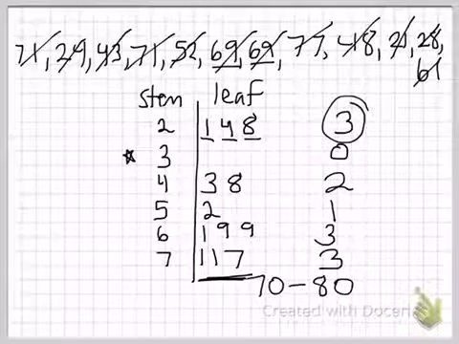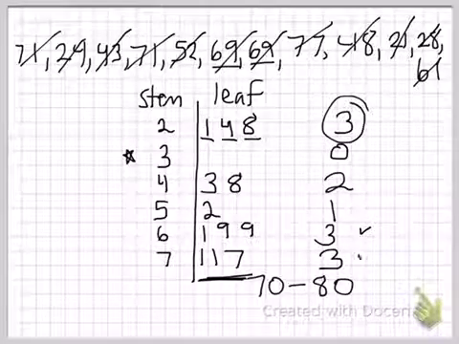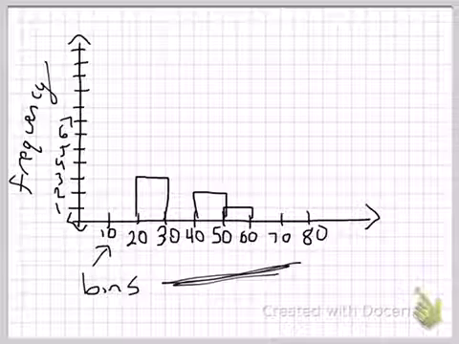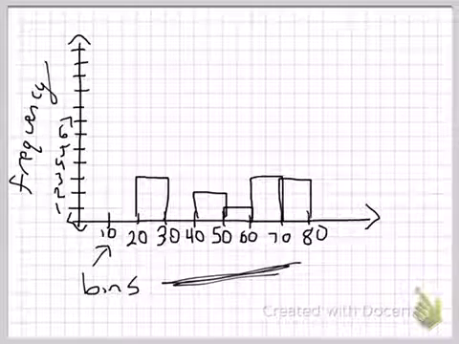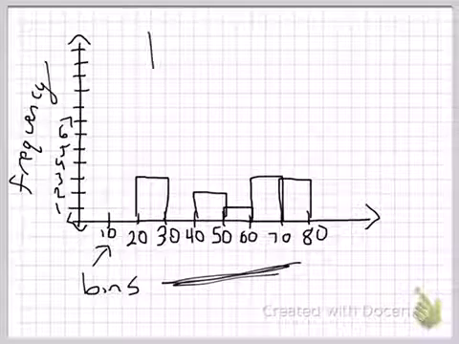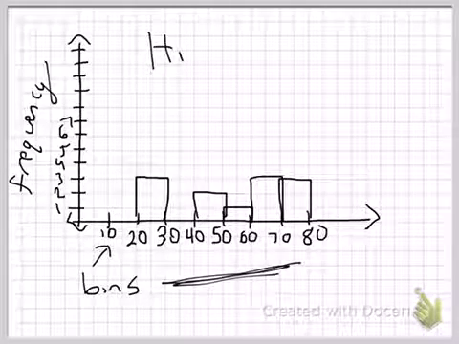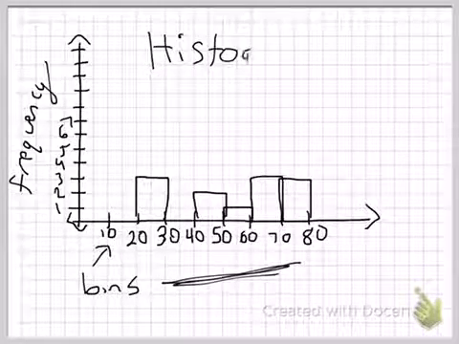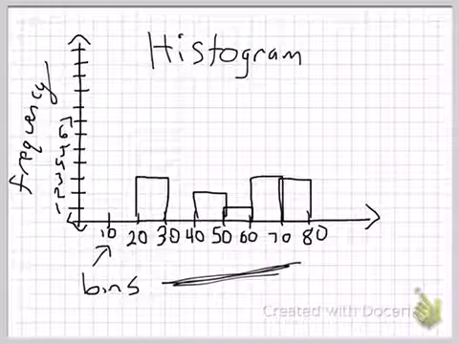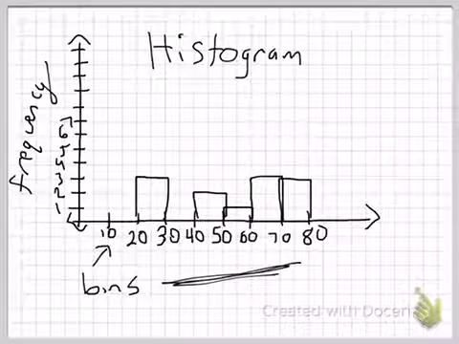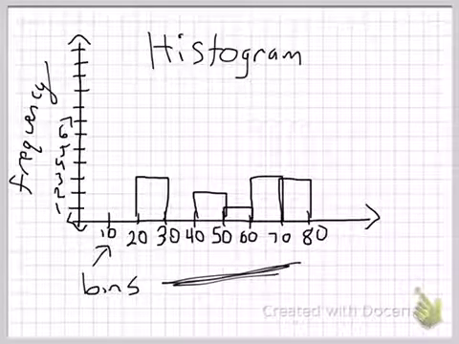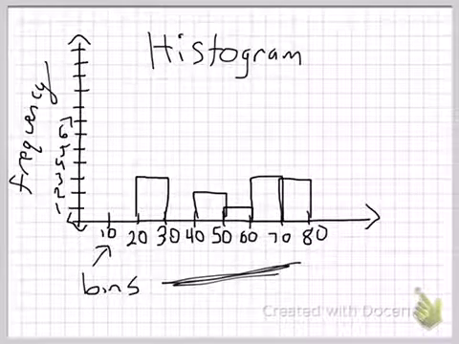So from 60 to 70, I'm going to have 3, and then from 70 to 80, I'm going to have 3. Okay, so this is our histogram that we have created from our data. And it's useful because we have these things called bins instead of listing out each and every number and drawing a bar for each and every number.